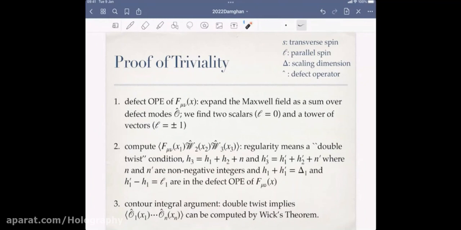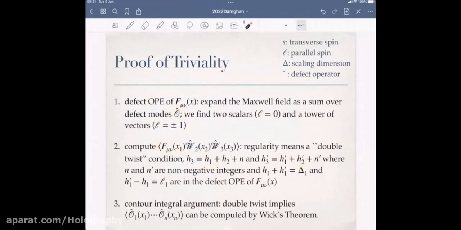So what one finds is that, let's just assume that the scaling dimensions of W3 are larger, and W3 has to satisfy a double twist condition. So you have to be able to write it in the following very restricted way in terms of the operator dimensions of the other two. So H2 gives you the scaling dimension of W2 and H1 of the operator O hat in the defect OPE decomposition of F mu nu.